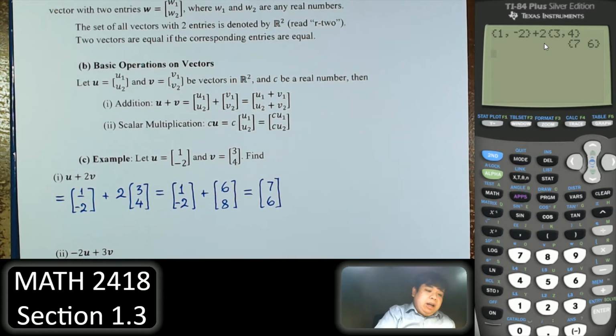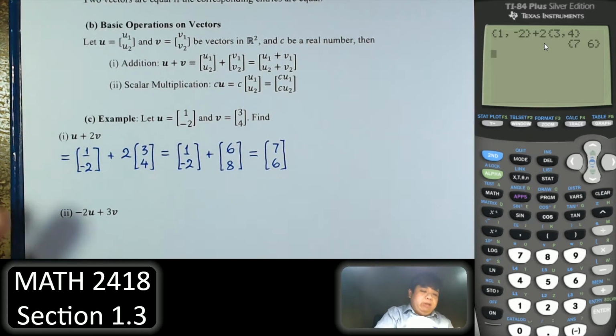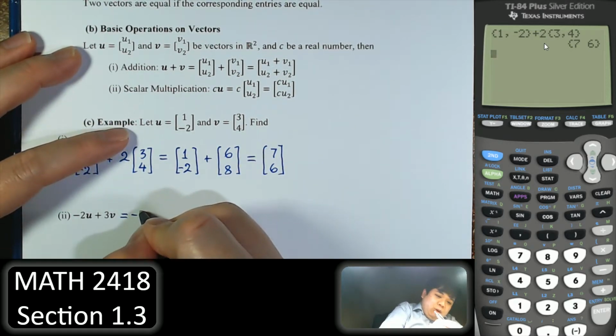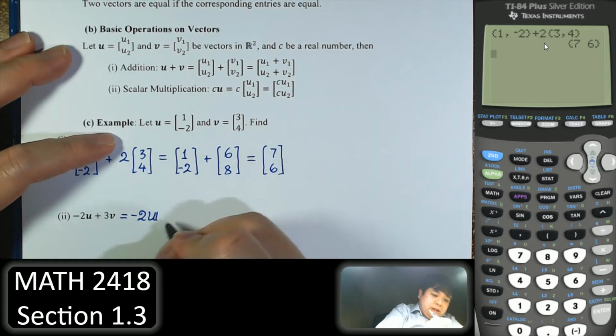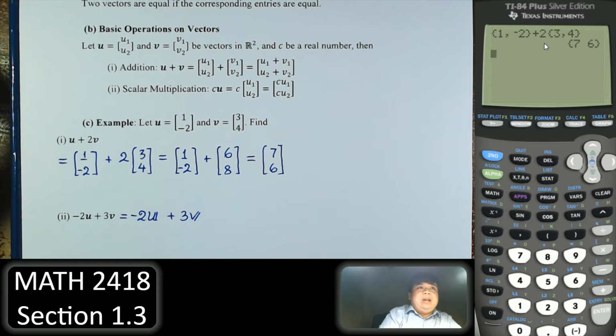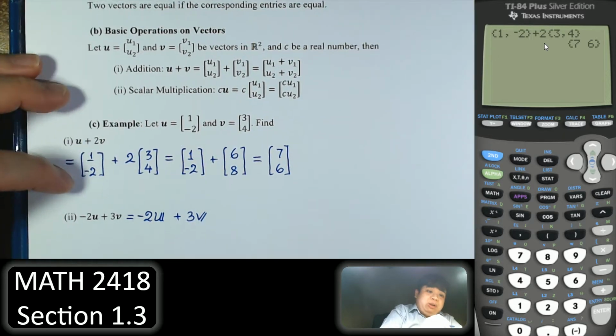Right. Now do negative 2 times vector u plus 3v. I just want to write out that if we have to write a vector u, that's the vector u, and then 3 times vector v. So it will be like that to distinguish from the regular u and v.